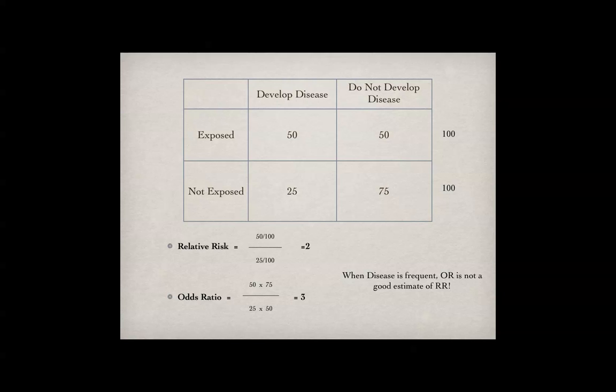I should have put that formula, A times D divided by C times B, sorry. And then we get an odds ratio of 3. So when the disease is frequent, when half the people that are exposed are going to get the disease, you should probably stick with relative risk. Okay, again, this is for a cohort study. For a case control study, you have to use odds ratios.